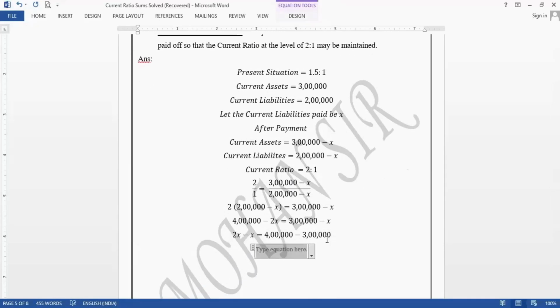So X is equal to 1 lakh, right? X is equal to 1 lakh. So we can say that the amount paid for current liabilities will be 1 lakh to maintain the ratio of 2:1.